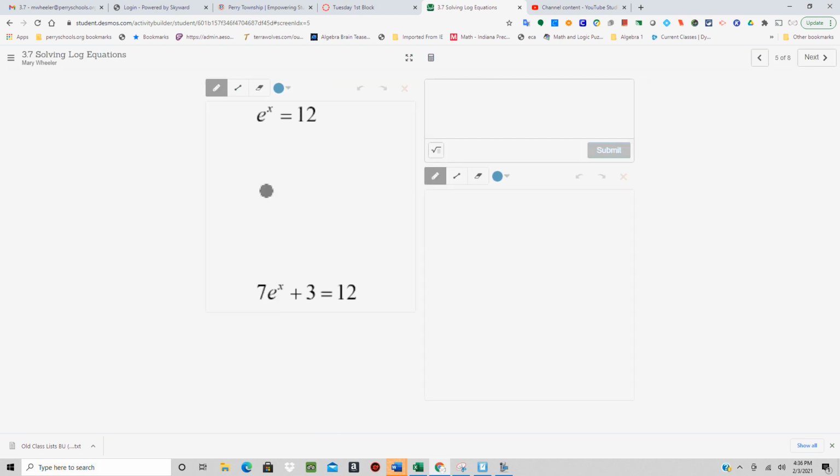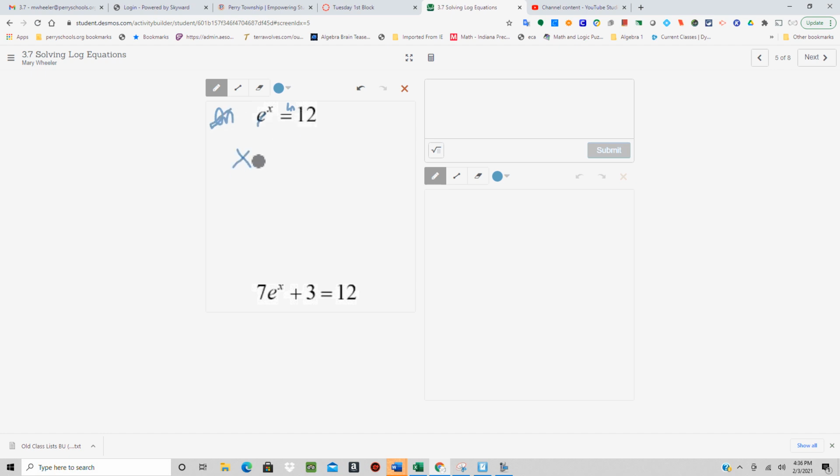All right, on this one, it's the same thing. You're going to rewrite it in natural log because the base is e. What that's equivalent of doing is actually taking the natural log of both sides. And the natural log and the e, they cancel out.